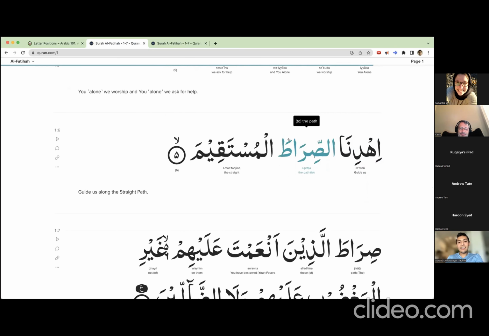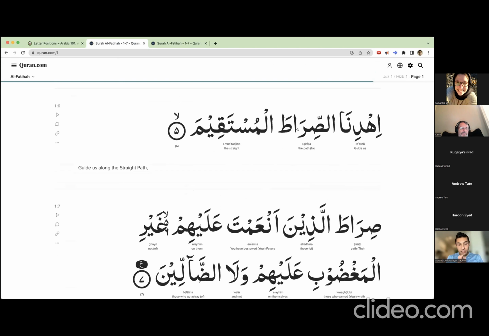Now, why is it sirata and not sirati or sirapu? This is where we're introducing the accusative case. There are three cases. We've seen so far the I case. And in the word alhamdu, we saw the nominative case, the u. And here we see the accusative case. The accusative case has multiple uses.